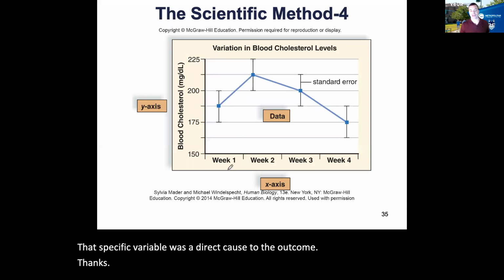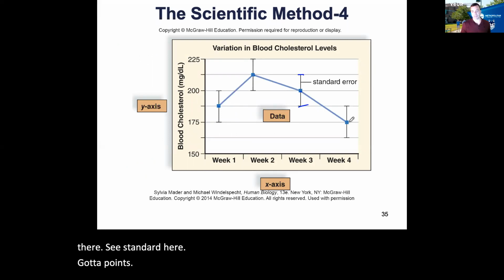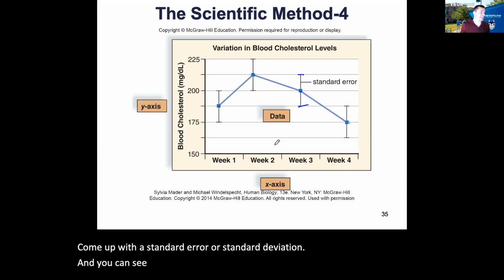And that's what they're looking at here. They're trying to give you some examples there. See? Standard error, data points, come up with a standard error or standard deviation, okay? And you can see how statistically significant all the information is.